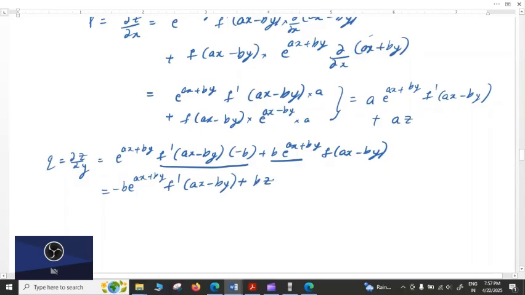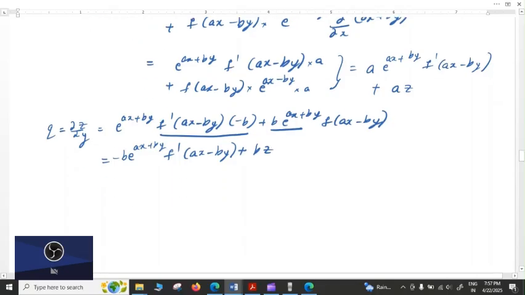I will write. Now I will substitute in the partial differential equation, that is, we know that b dou z upon dou x plus a dou z upon dou y, which is equal to, just multiplying b to dou z upon dou x, that is our p, and a I'm going to multiply in this equation.